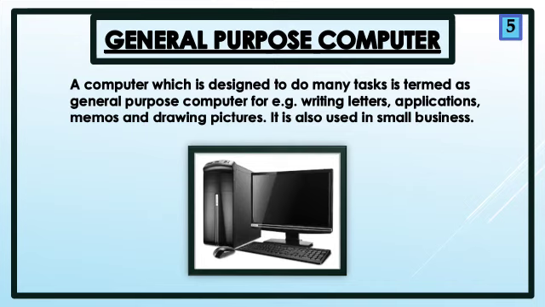It is also used in small business. As we know, a general purpose computer is one that, given the appropriate application and required time, should be able to perform most common computing tasks.